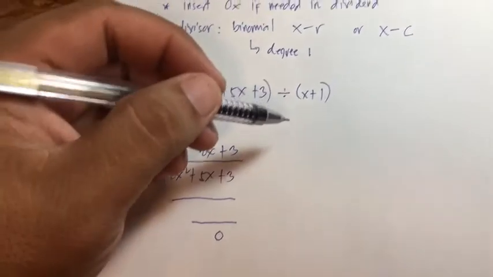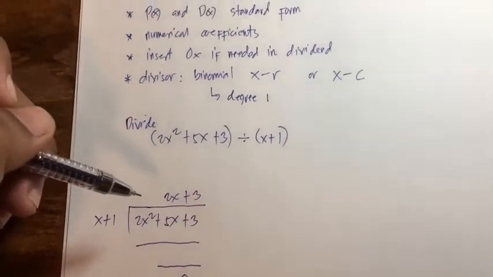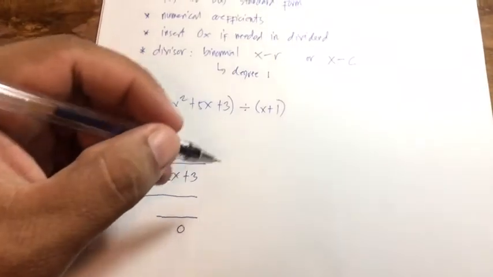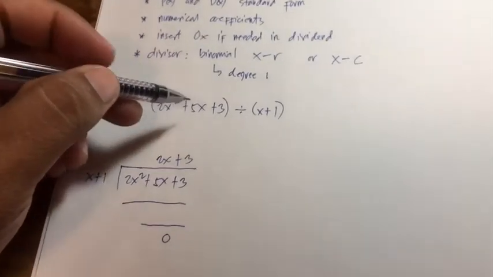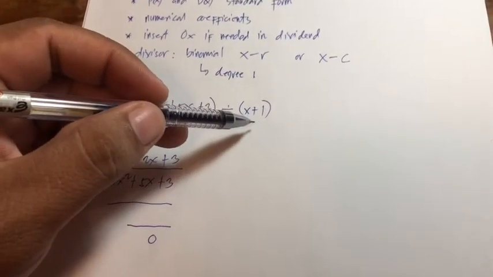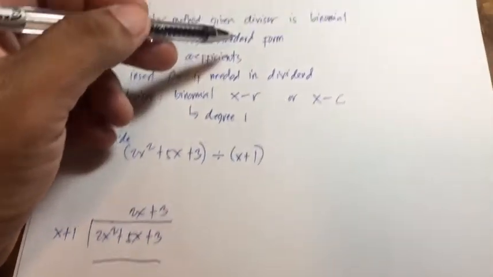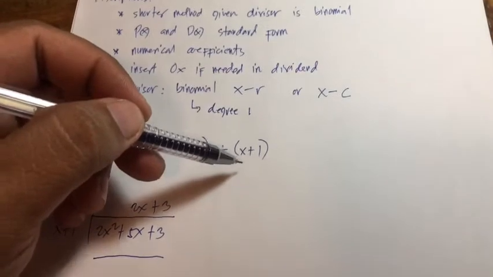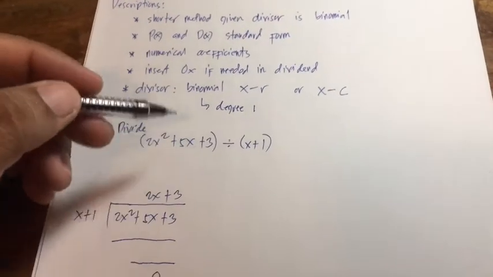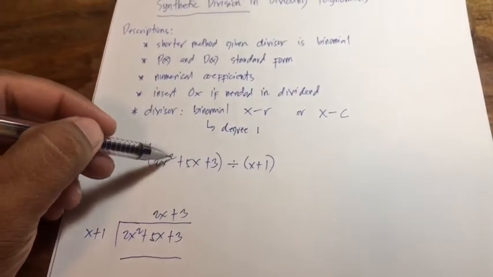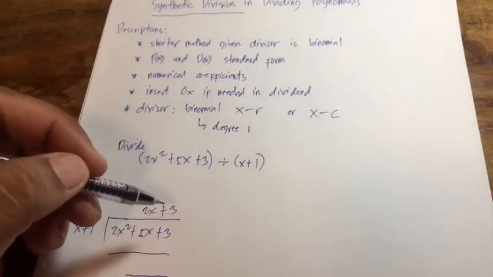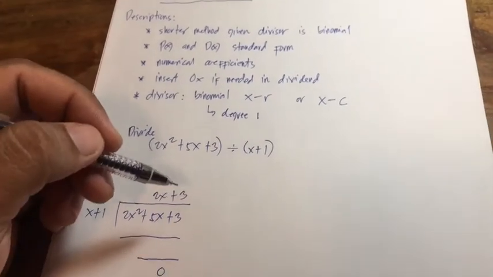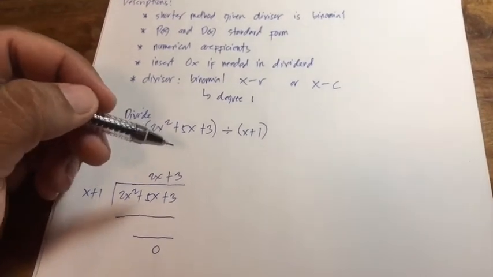In synthetic division, we also check if our dividend and divisor are in standard form, meaning in descending power of x. So it is ready. Out of that, we can use numerical coefficients.